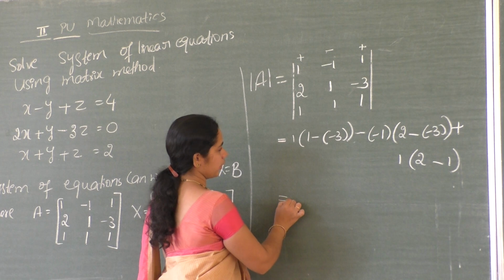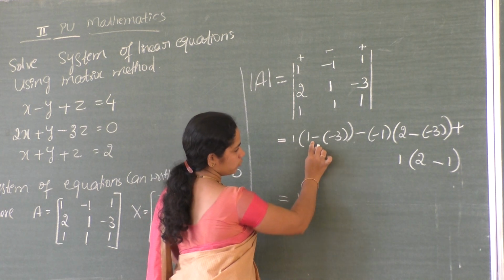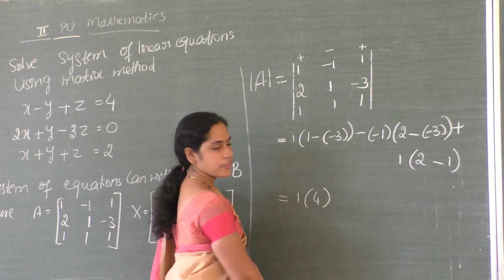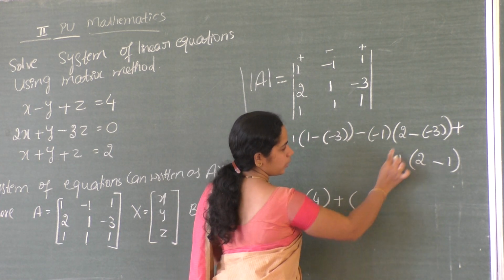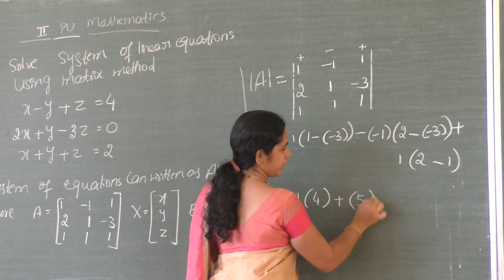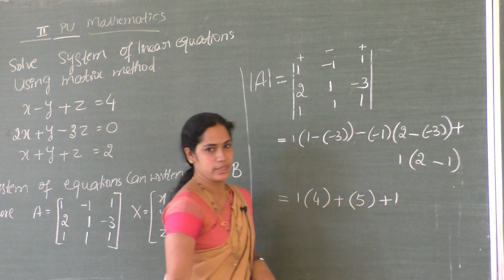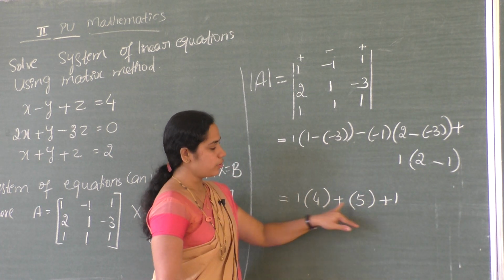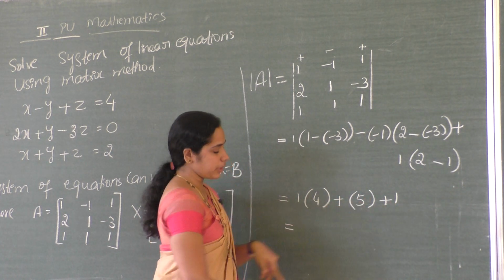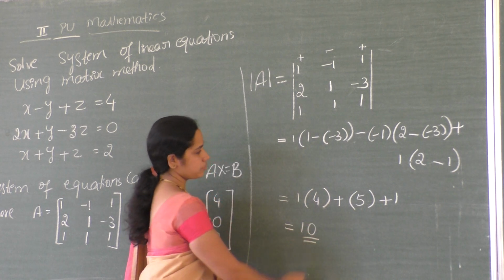This is 1 into (1 plus 3), 4, plus (2 plus 3), 5, plus (2 minus 1), 1. Now 4 plus 5, 9, plus 1, that is 10.